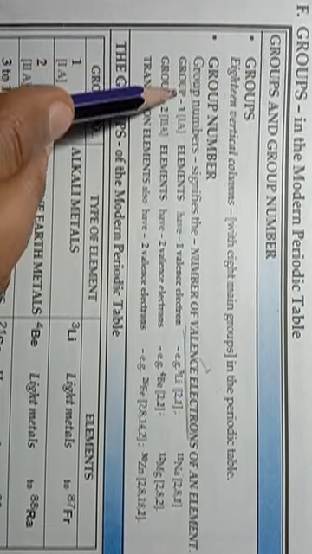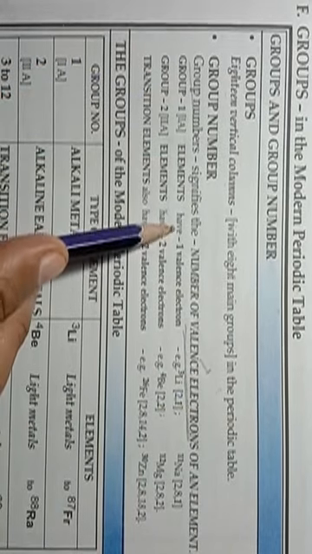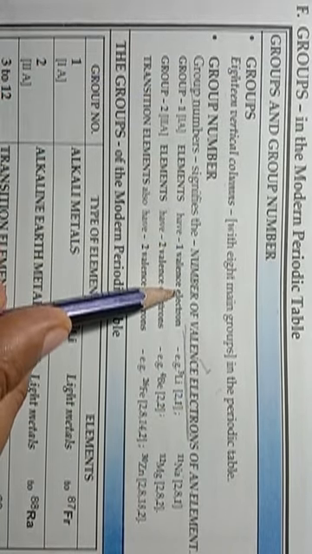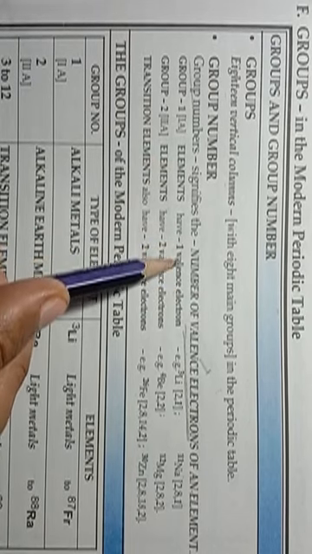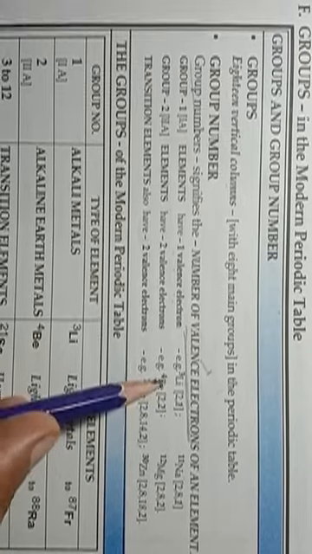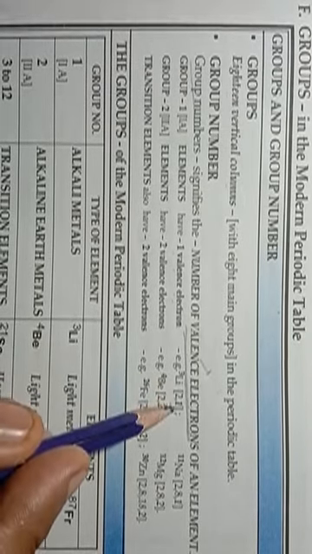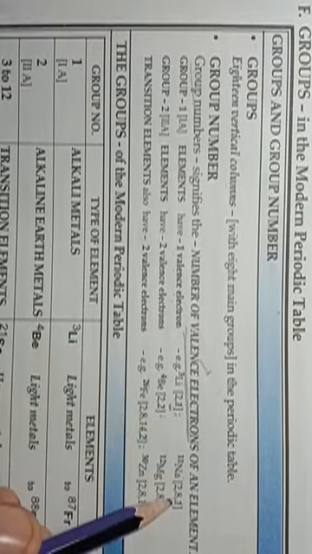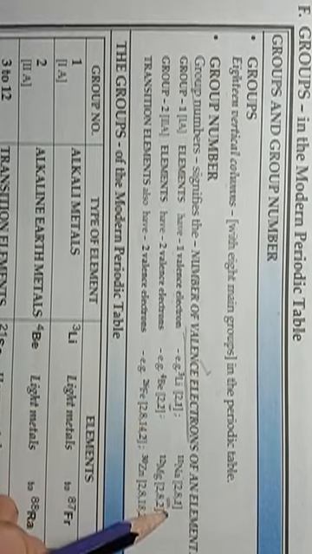Group 1 elements have one valence electron, meaning only one electron in the outermost shell. For example, lithium has one electron in the outermost shell and sodium also has one electron.